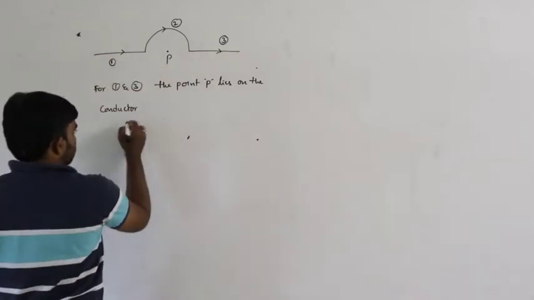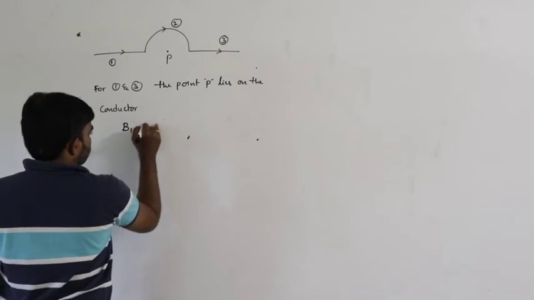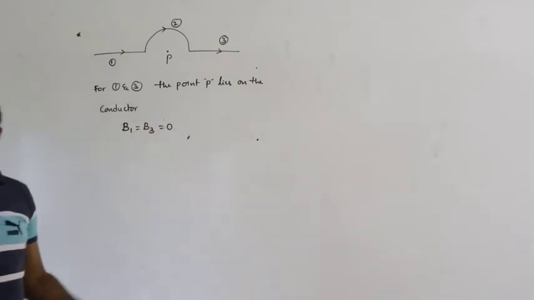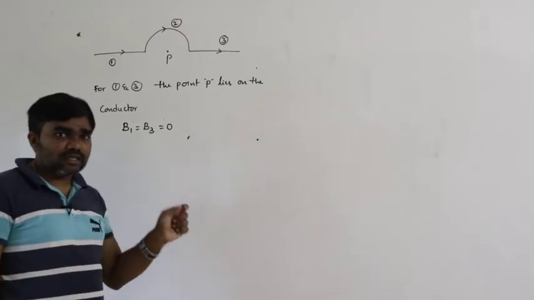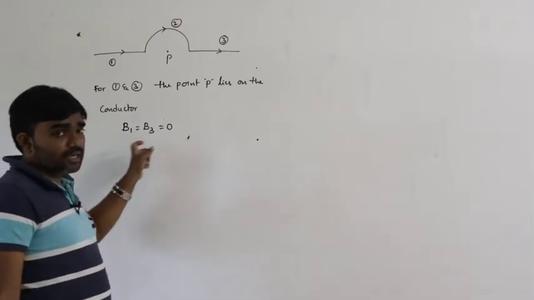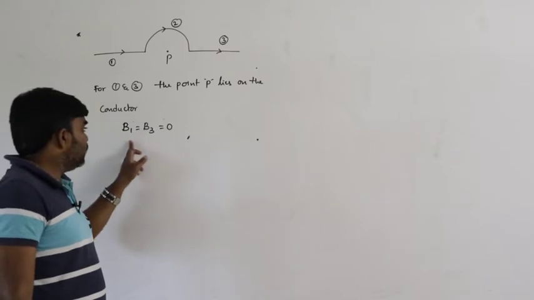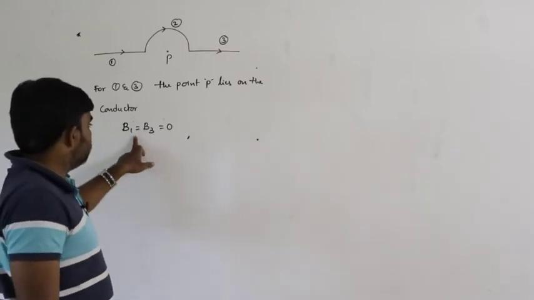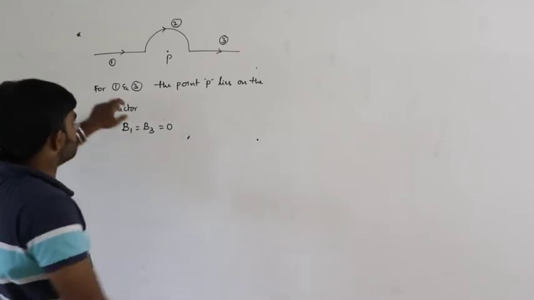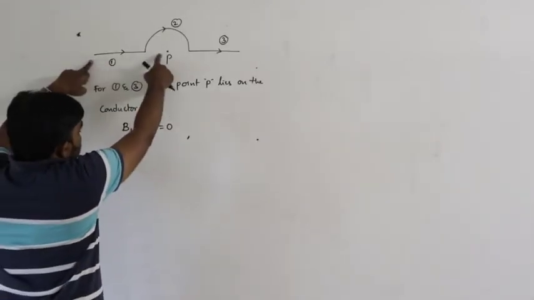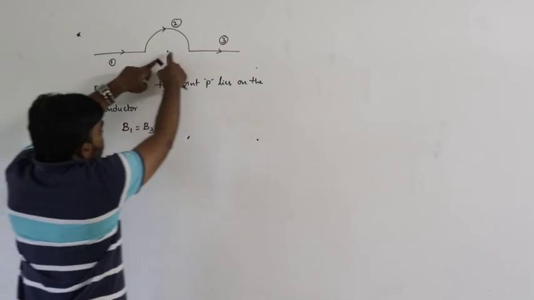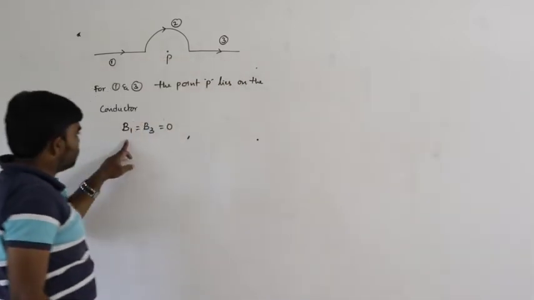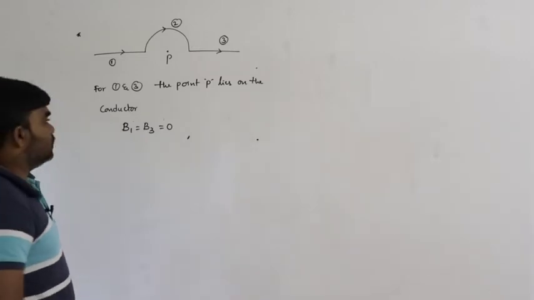So the magnetic field due to the first one and third one must be equal to 0. If any point lies on the conductor, then the magnetic field due to that conductor at that point must be equal to 0. See here, this is the first conductor, and the point P lies on the conductor. This is the third one, and here the point P lies on this conductor. That's why B1 and B3 must be equal to 0.